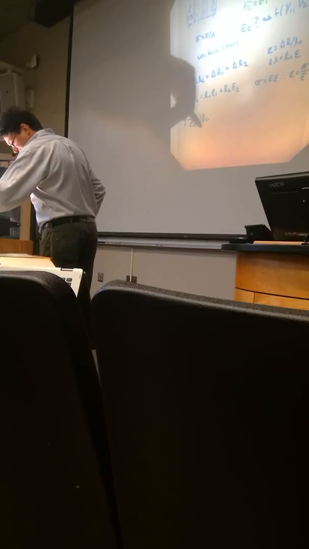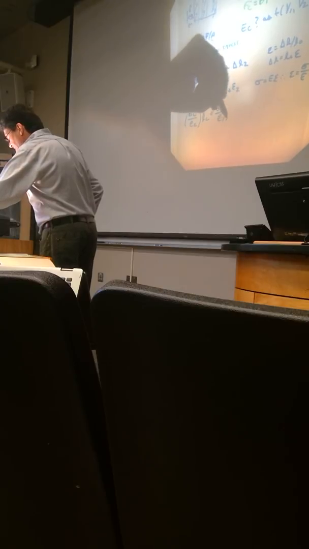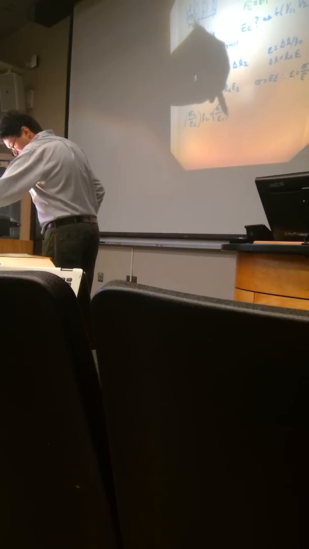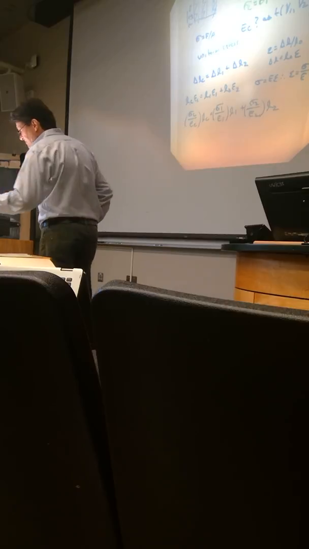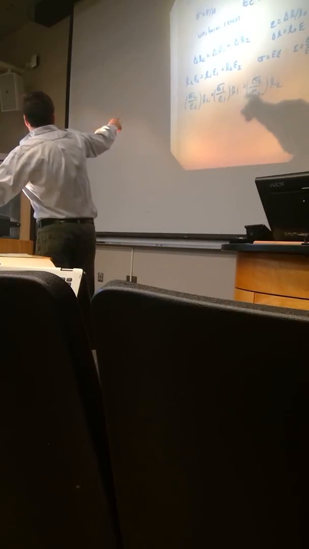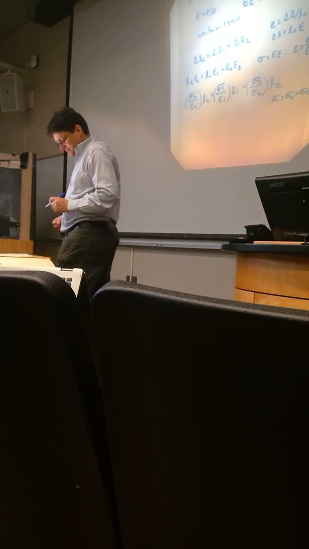Times LC is equal to sigma 1 over E1 times L1 plus sigma 2 over elastic modulus of 2 times L2. And since this is an isostress model, we know sigma 1 is equal to sigma 2 is equal to sigma composite. You can cancel that out.